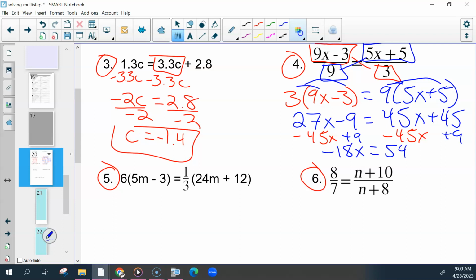And then when we divide both sides by negative 18, we get what? Negative 3.